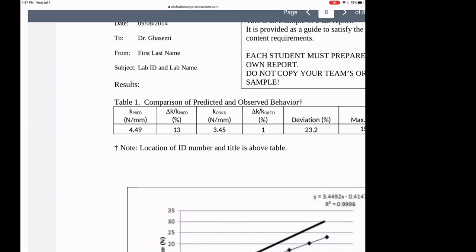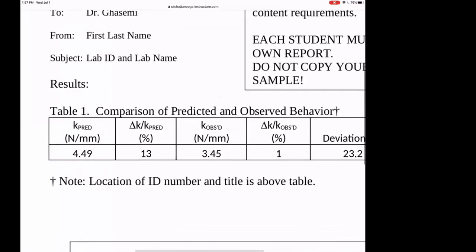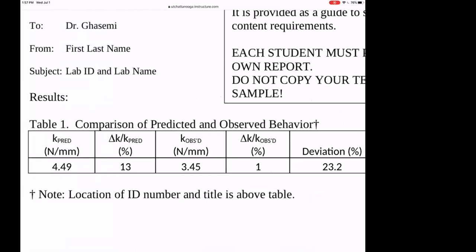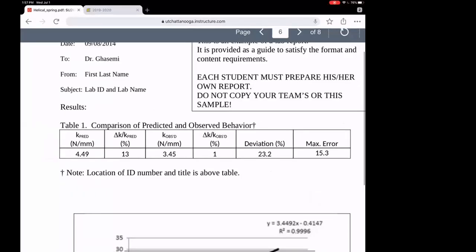We haven't talked about sensitivity analysis yet. I'm going to start talking about that, which is, you see here, it says delta K over K. That is coming from sensitivity analysis. Now let's talk about sensitivity analysis. After we talk about that, then we have 2 more columns, K observed, delta K over K observed, and then you're ready to submit it to me.